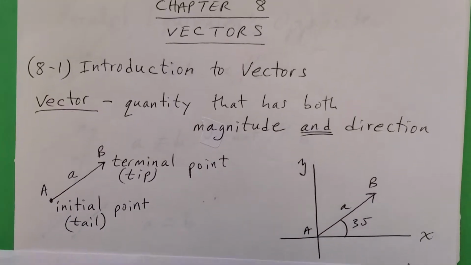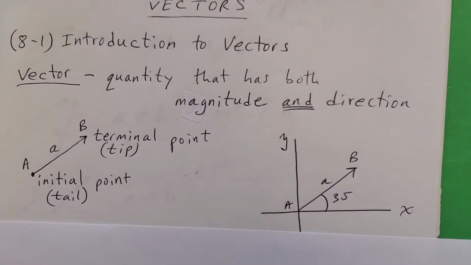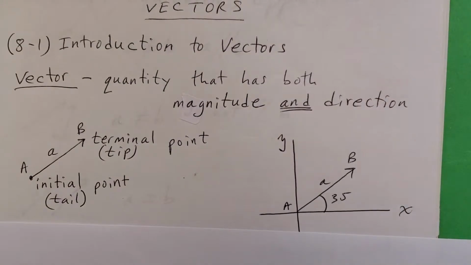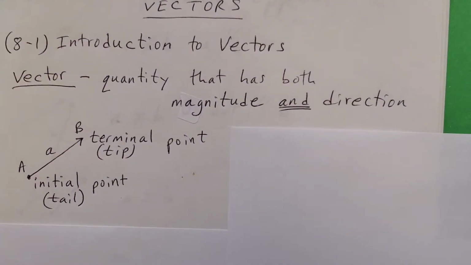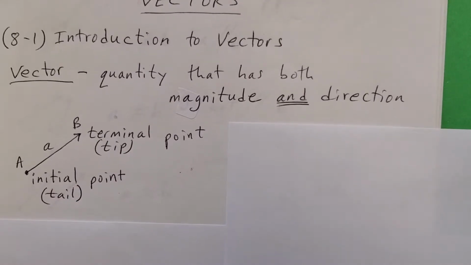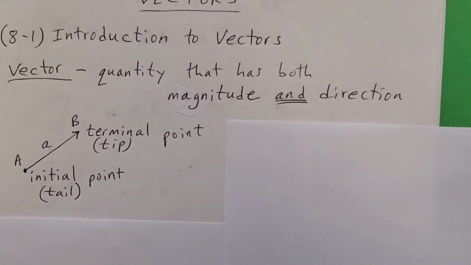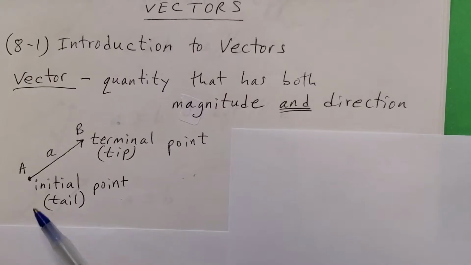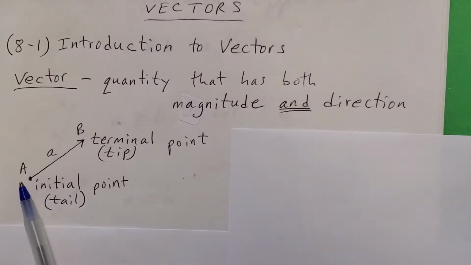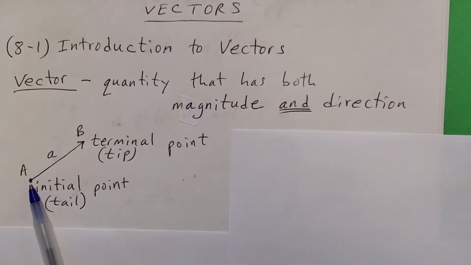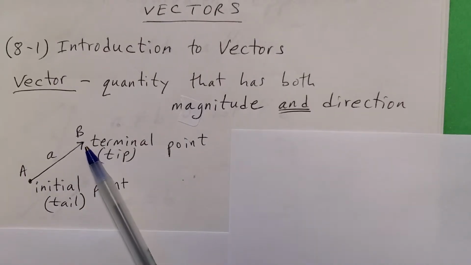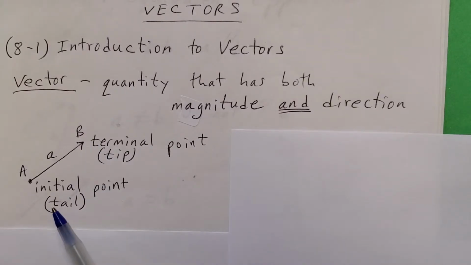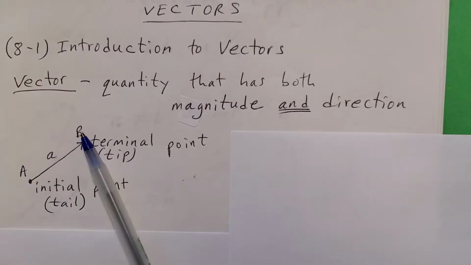So we have a diagram of a vector. Let's look at the one on the left first. A vector is basically an arrow, and it has a starting point, right? Initial point or tail, an ending point or terminal point or the tip, and we label it at the ends like this.